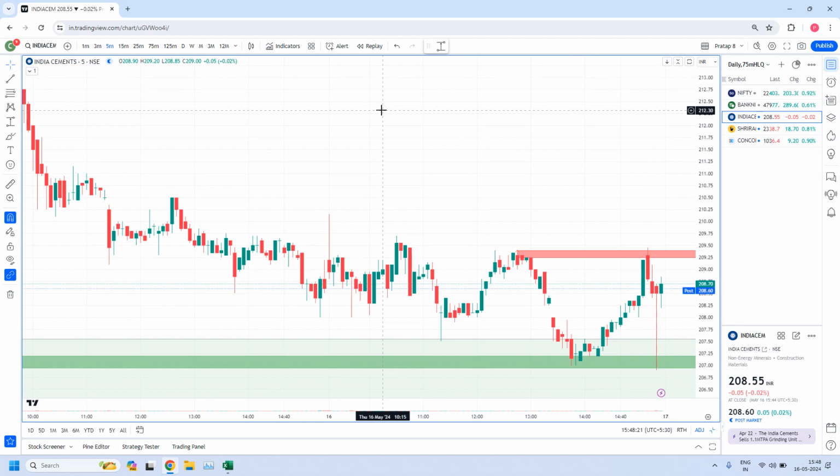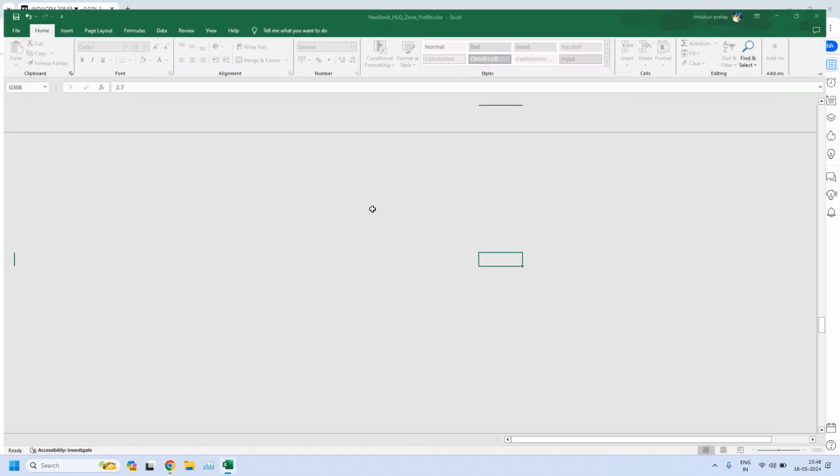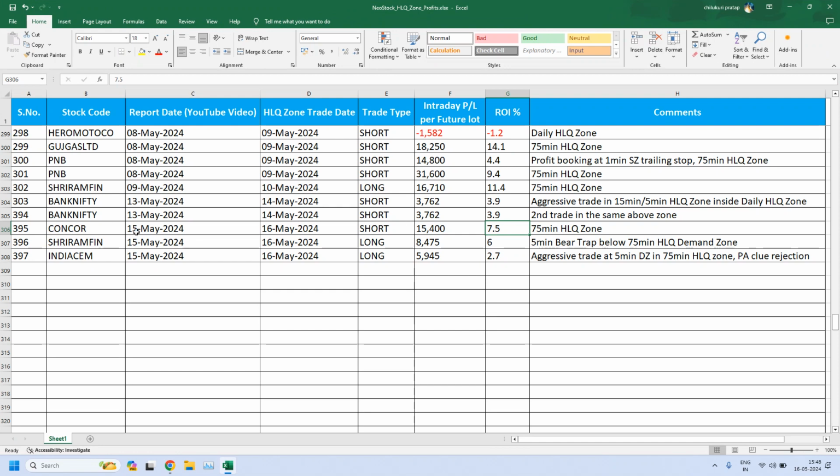India Cement we got only close to 3%, 2.7 or something. But in the remaining 2 stocks, the minimum ROA we got in one stock was a little over 6%, and another one, 7.5% ROA we got in Conquer.